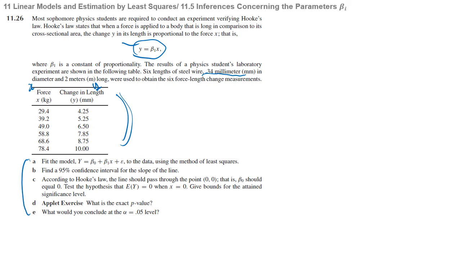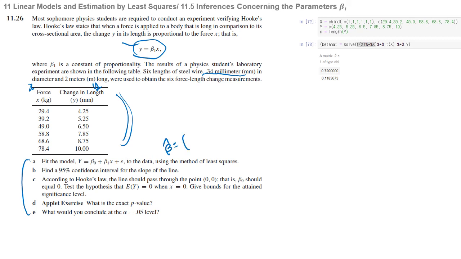This time I would like to go with matrix form. So I estimate beta hat with x prime x inverse x prime y. This is our beta hat estimate using the method of least squares, and these are our estimates for beta 0 hat and beta 1 hat.